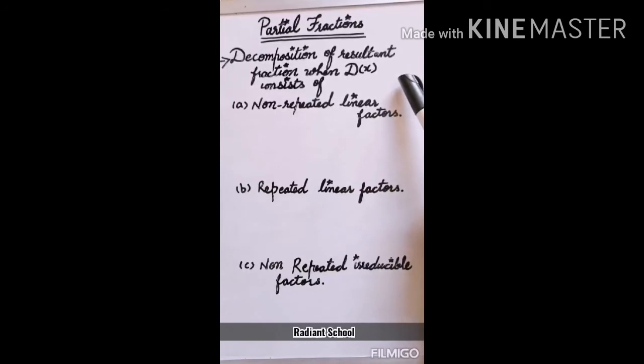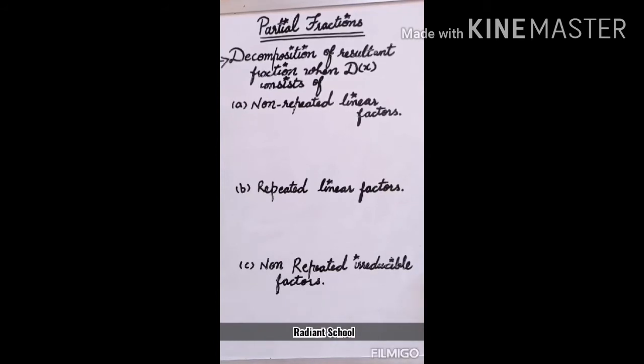So students, there are 4 points that you have to keep in mind: if the denominator of the fraction is of any of these 4 types, then you can convert the given rational fraction into partial fractions. What you have to see is whether this fraction can be resolved into partial fractions or not. The first step is that you have to look at the denominator. D of x means denominator.